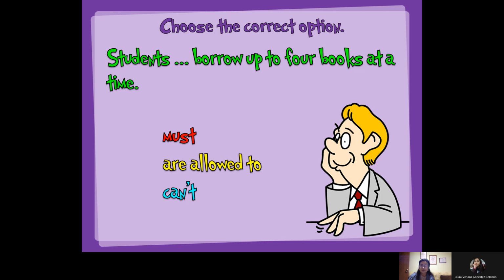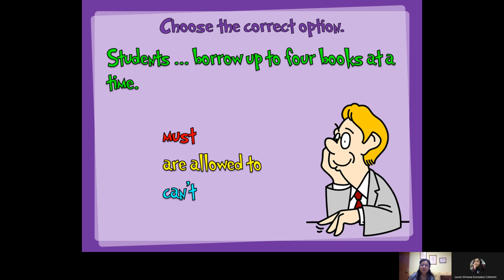Students borrow up to 4 books at a time. A student must. Borrow up means prestar, ¿no? Prestar los libros que se prestan en la librería, en la biblioteca.